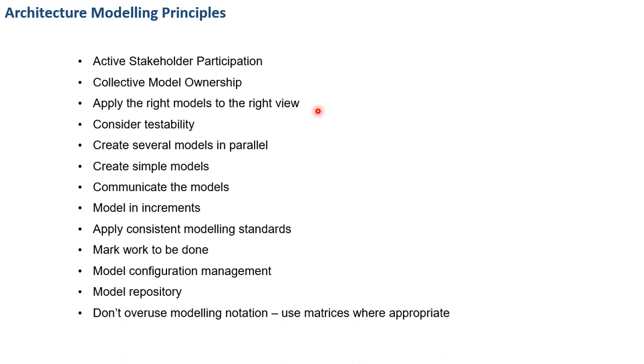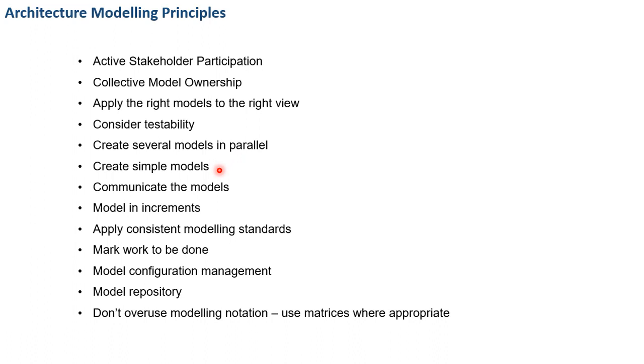Different notation for different models, for different views is really important. Make sure the models are testable. Don't do one model in serial after another. You can model in parallel, makes it more interesting and also much more efficient.